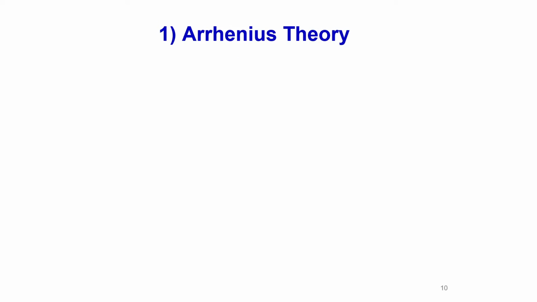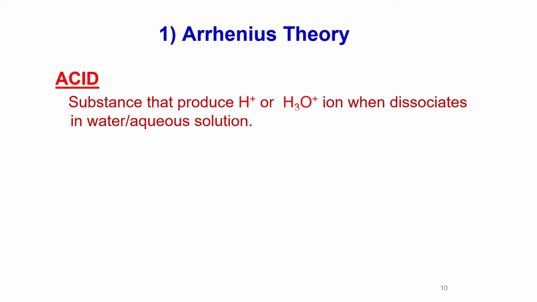Arrhenius theory. According to Arrhenius, an acid is a substance that produces H plus or H3O plus ions when it dissociates in water or aqueous solution.